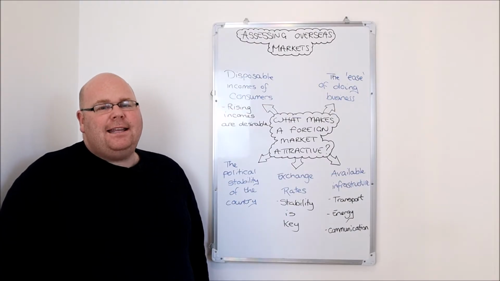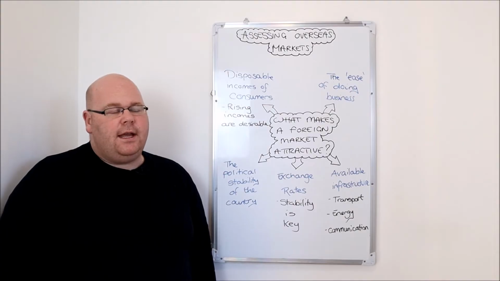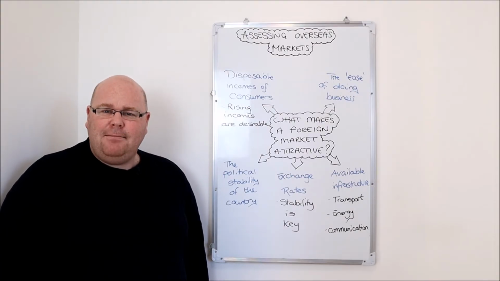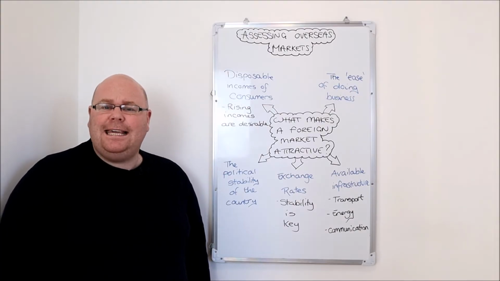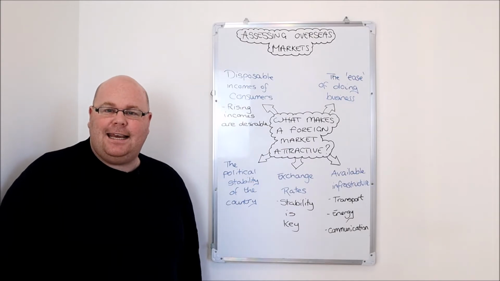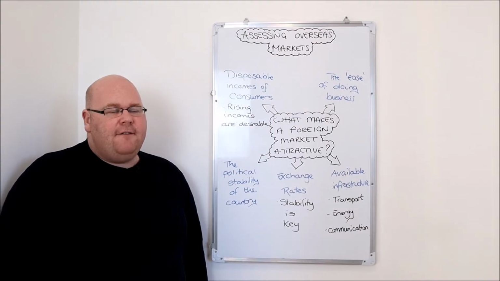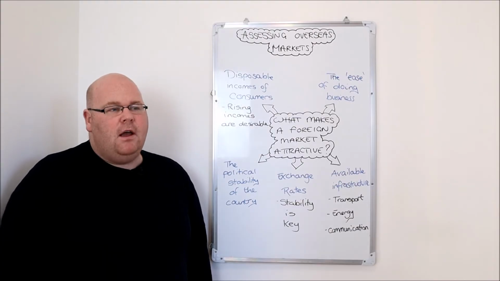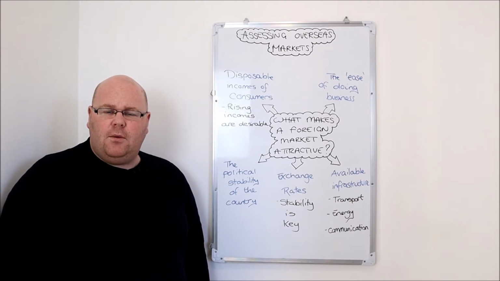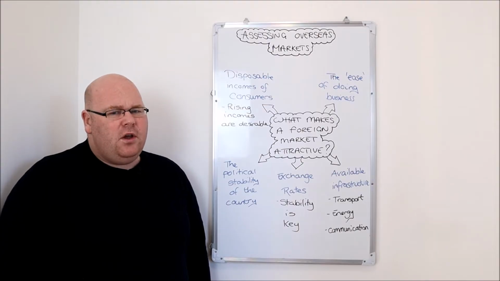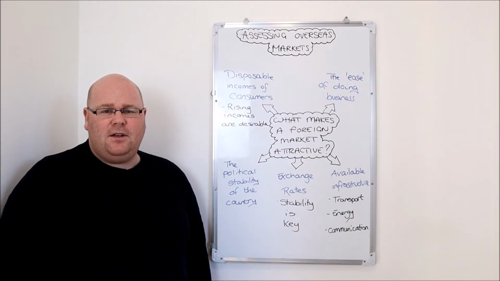However, a market that is experiencing a growth in disposable incomes might seem less attractive if the ease of doing business in that nation is not as high. Some nations are very simple for foreign organisations to sell in, whereas other countries make it more difficult.